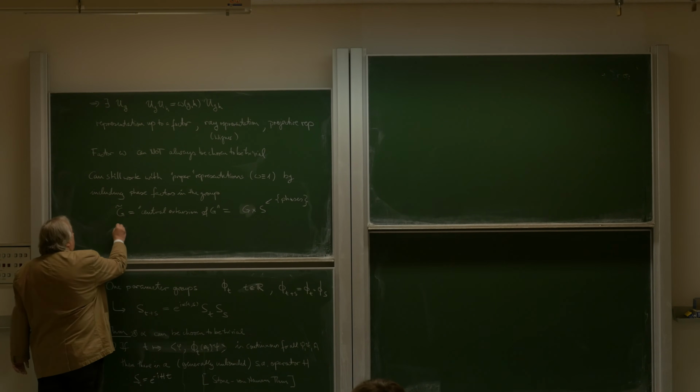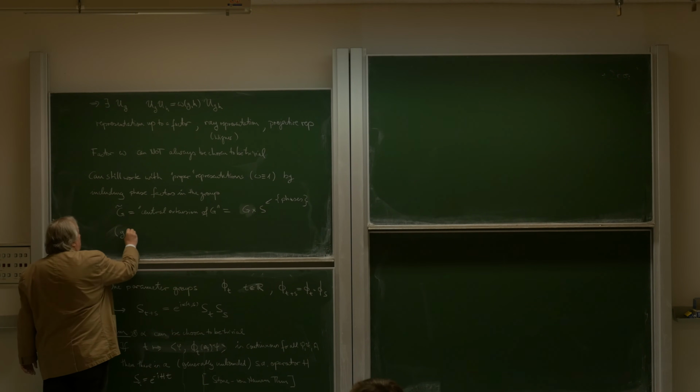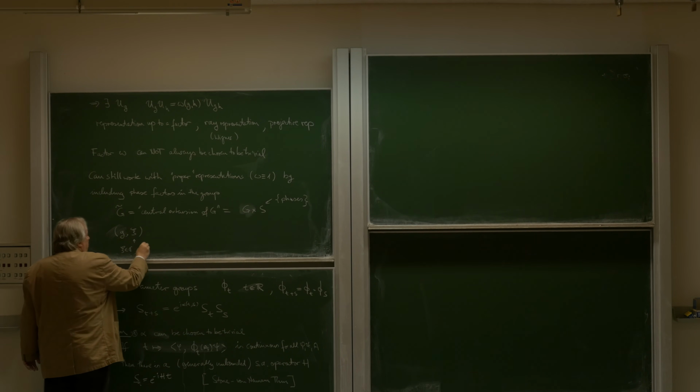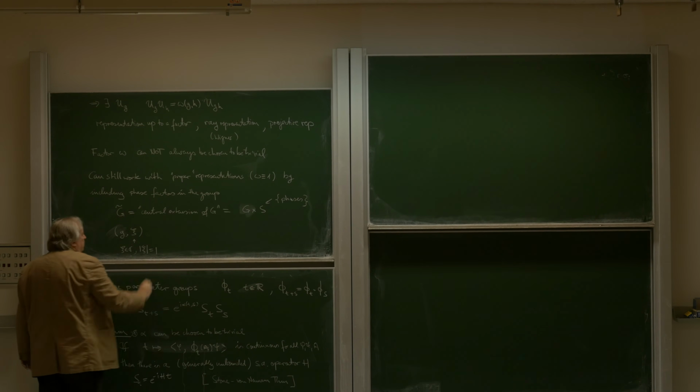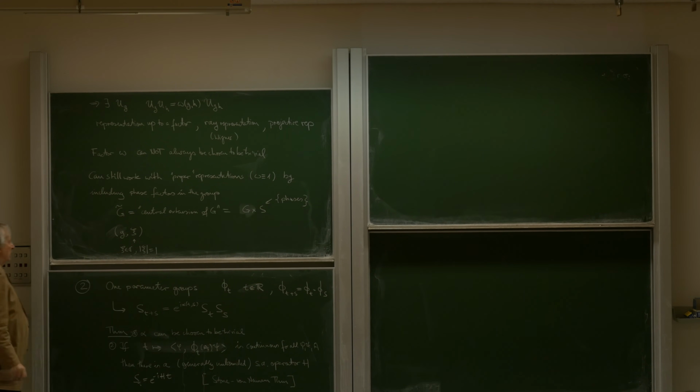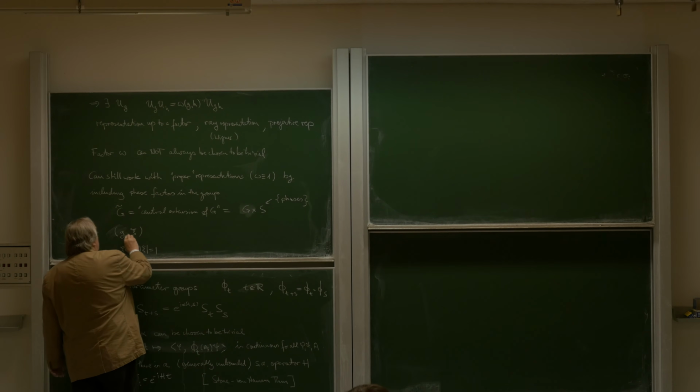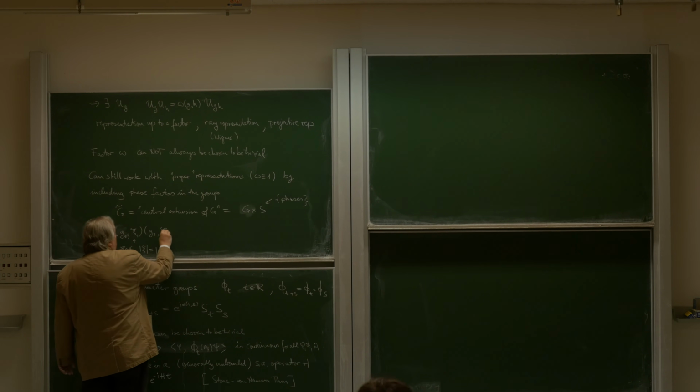So if we compose G and some phase, let's say psi is a phase, this means that psi is a complex number, and the absolute value of psi is 1. Let's say (G1, psi 1) and (G2, psi 2).